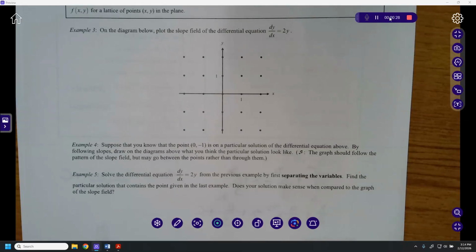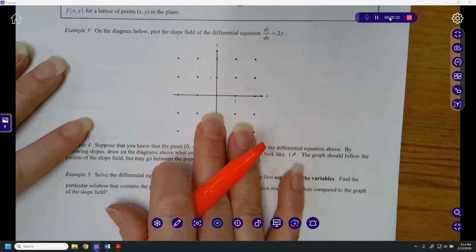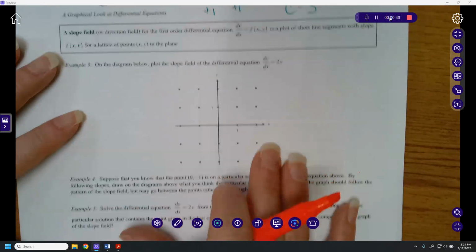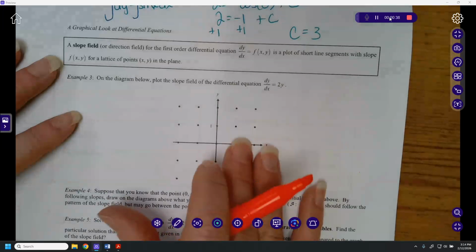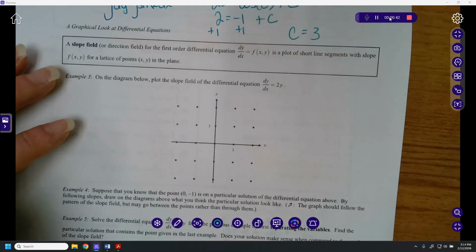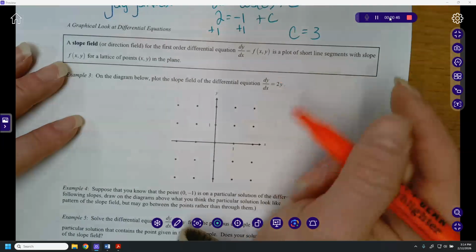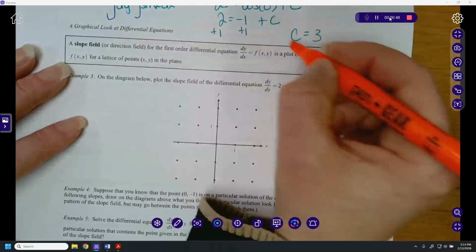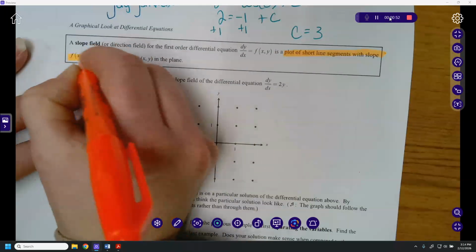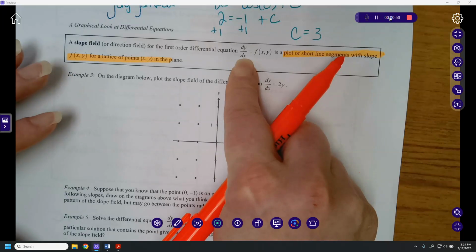A slope field is a kind of an XY axis, and you're going to be provided a few points. This one's kind of a lot of points, but on your AP exam, I would say 6 points or 9 points. What the slope field is, is a basic plot of short little line segments which have a slope defined by dy/dx, because that's what the slope is.